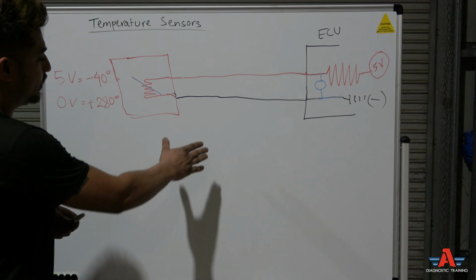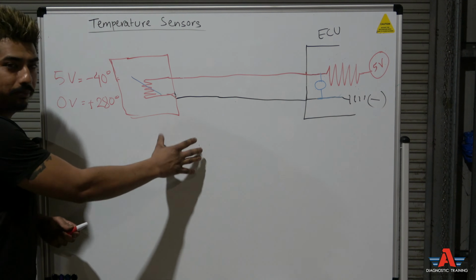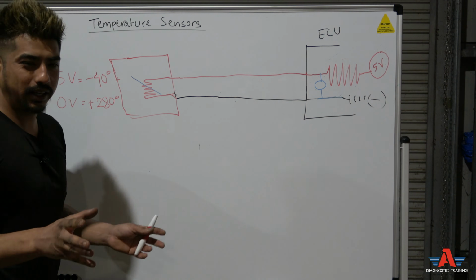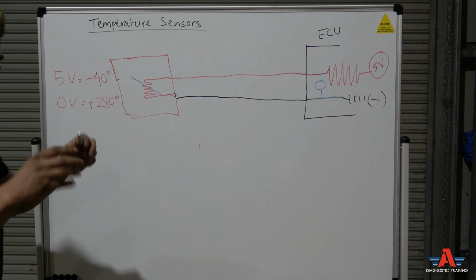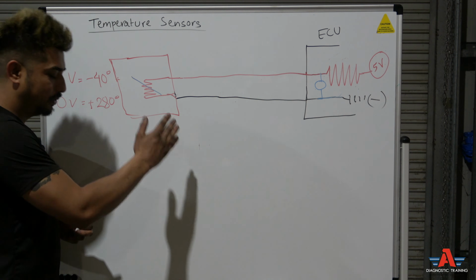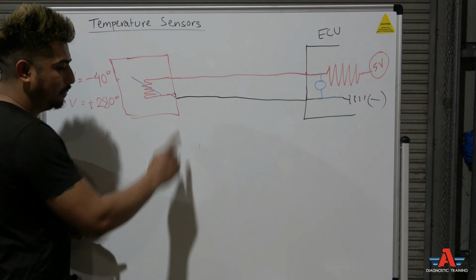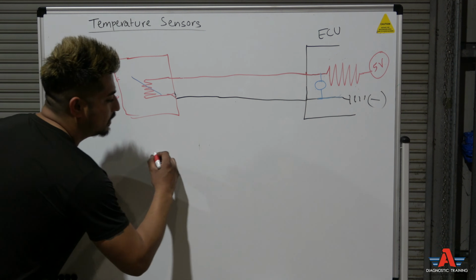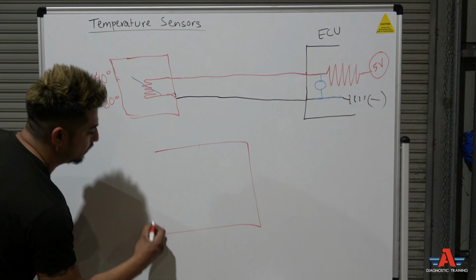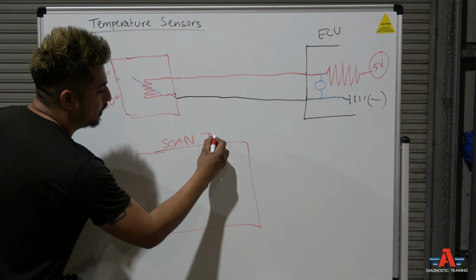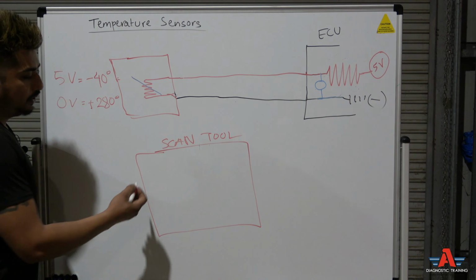Now let's say you've got a coolant temperature sensor circuit fault, okay? It doesn't matter if it's coolant temperature or any temperature sensor. For this example, we're going to look at the coolant temperature sensor. So you've got a coolant temperature sensor fault, and you look at the scan tool, right? You've got a circuit fault.